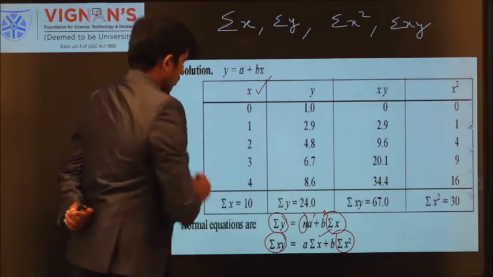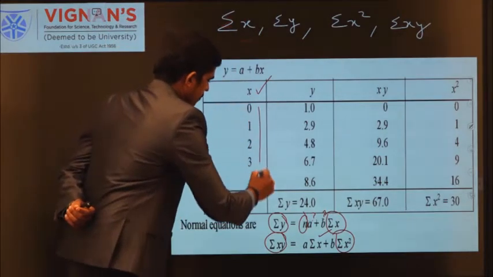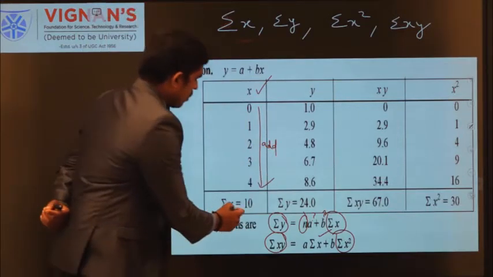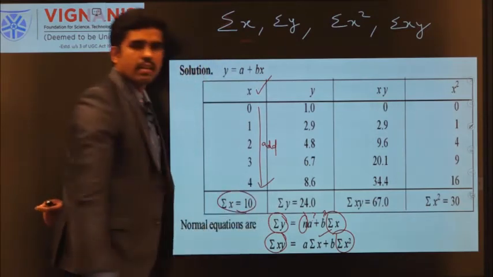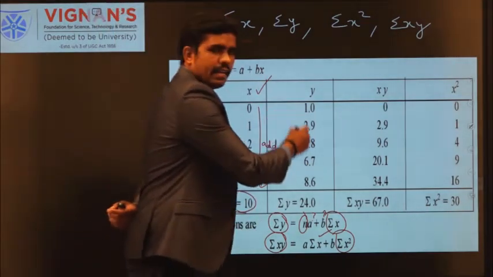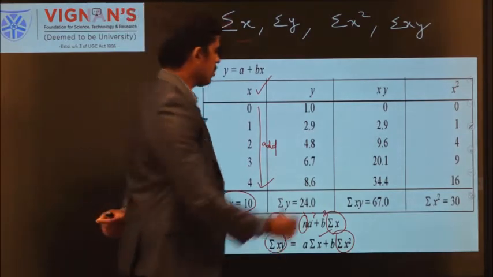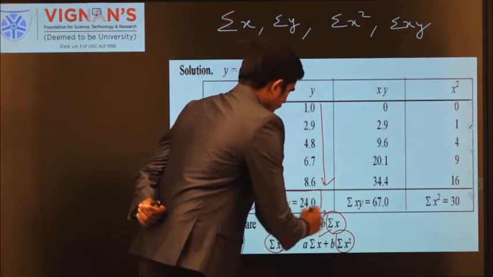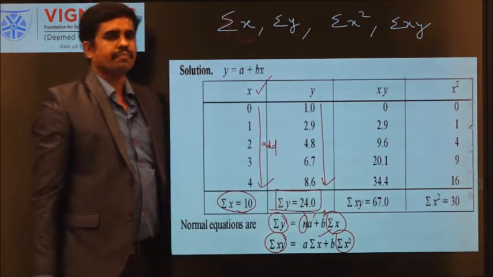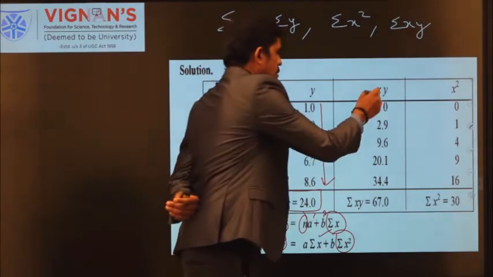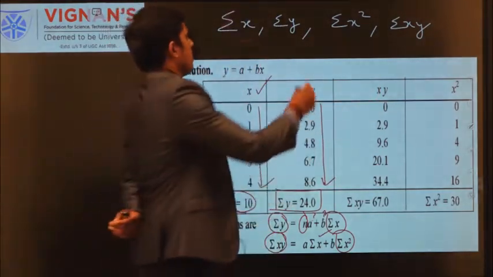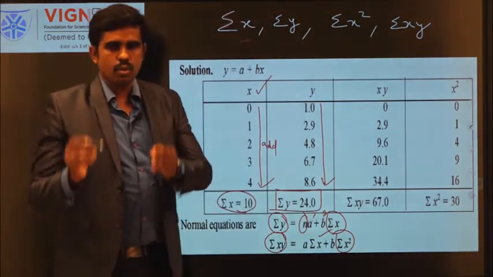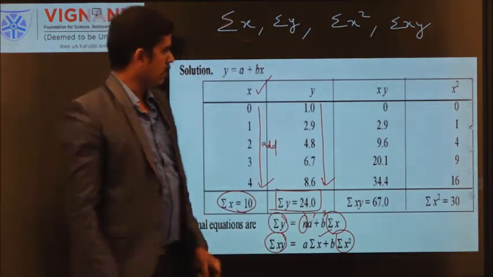You add all these values, and I am getting summation x equal to 10. Then y also will be there in your set of values, you add all these values to find summation y. I am getting 24. Since I need summation x square and summation xy, I need additional two columns.